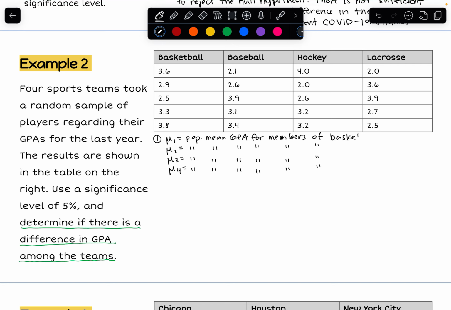So our first sport was basketball. Next one was baseball. We've got hockey. And we've got lacrosse.